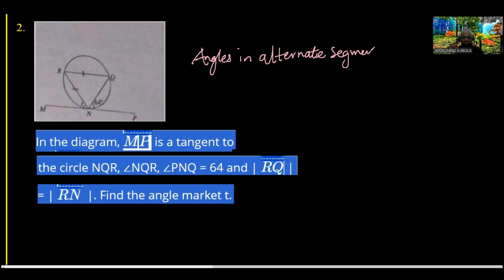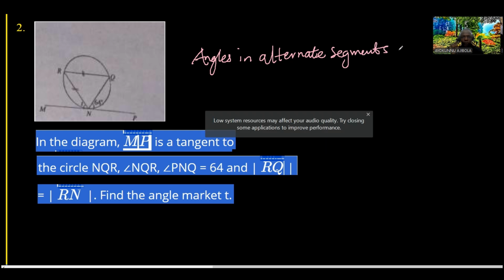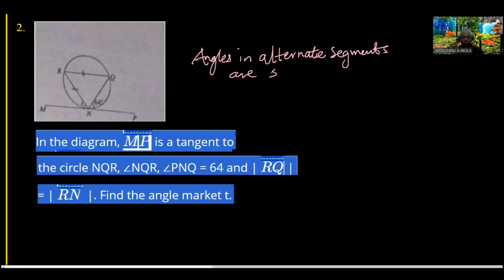Yes, sir. Angles in alternate segments are equal. So the angles in alternate segments are the angle at N and R. So that means angle at R is 64.